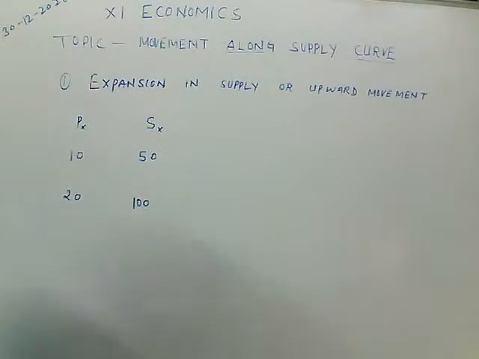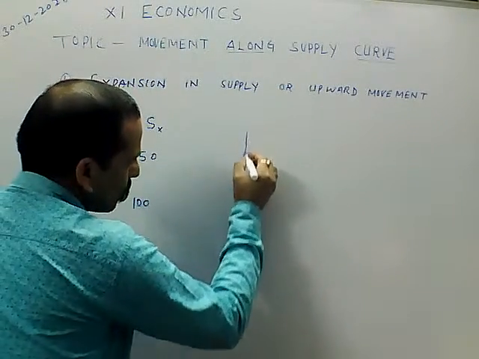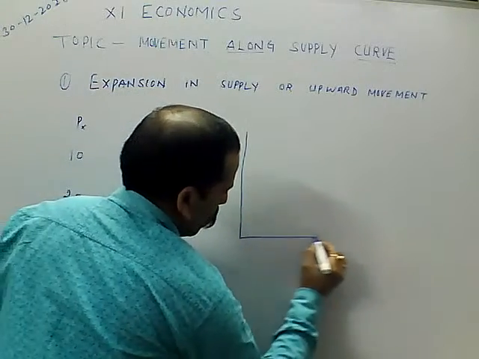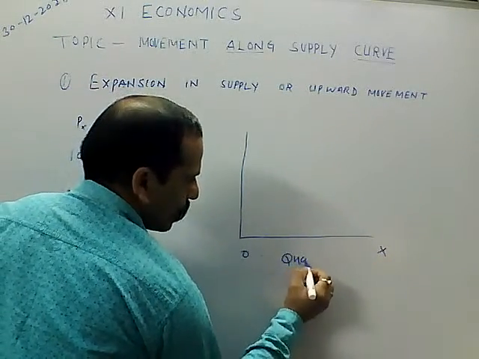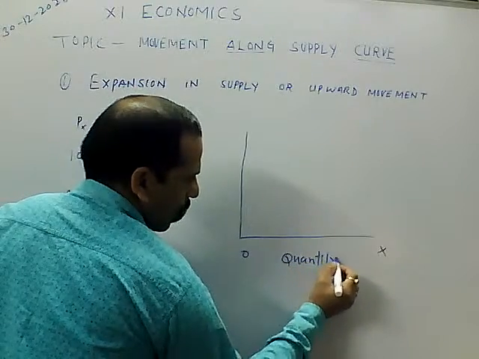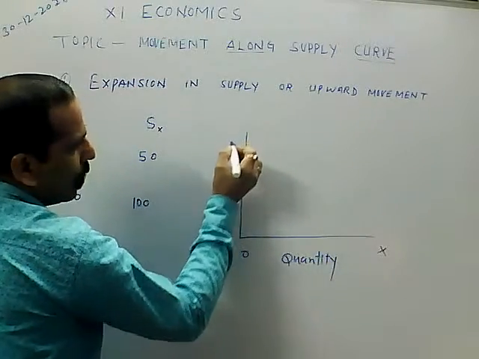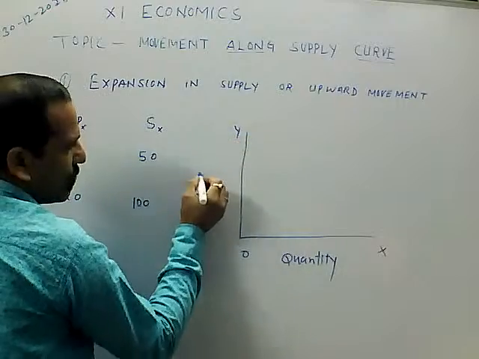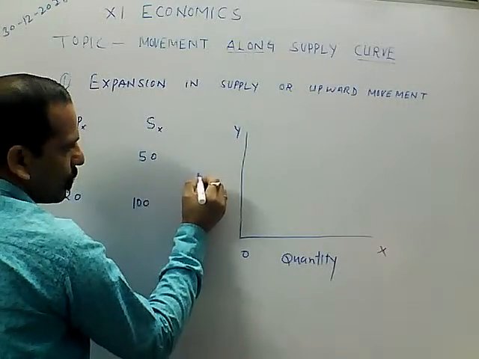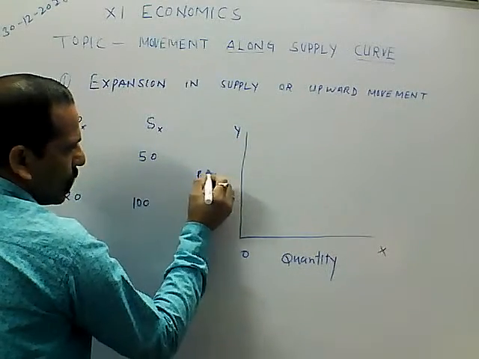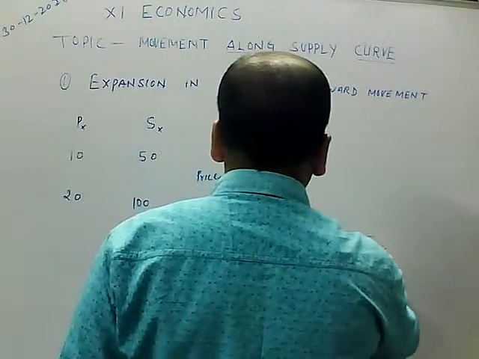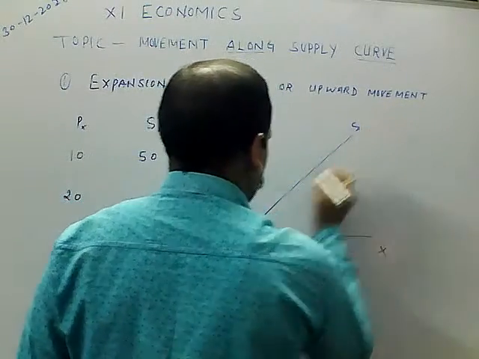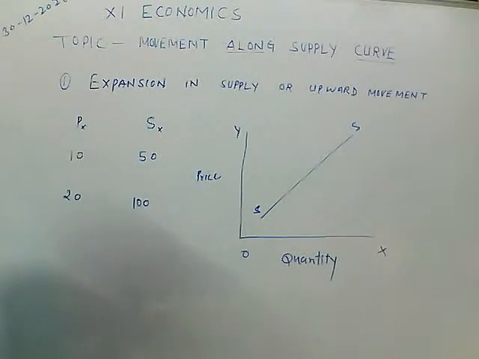Now with the help of a diagram, on the OX axis quantity, on the OY axis price of the commodity. Now upward like this, the slope of the supply curve.